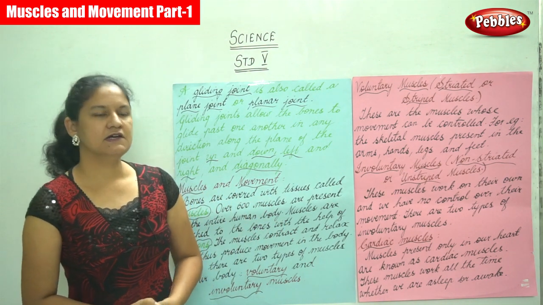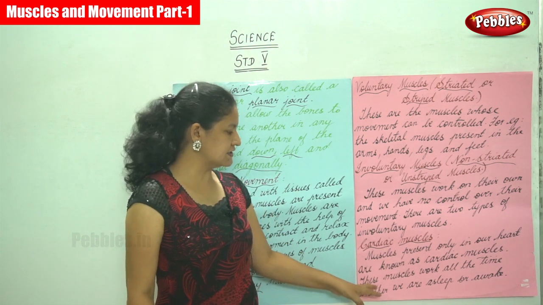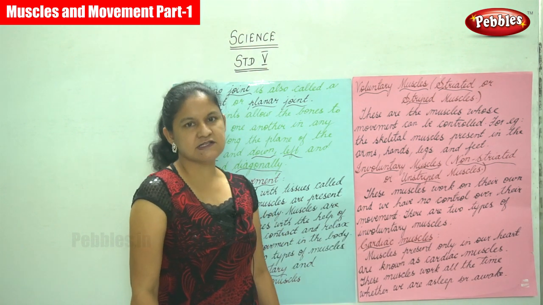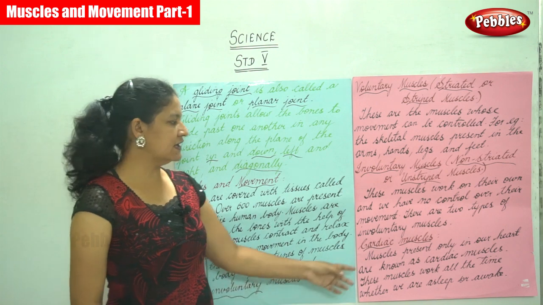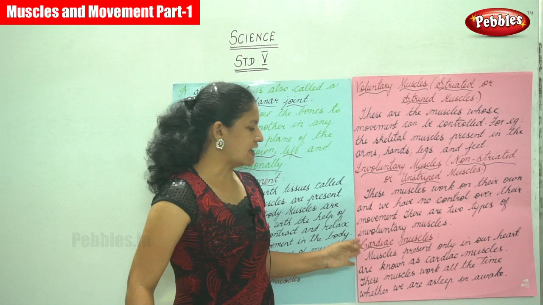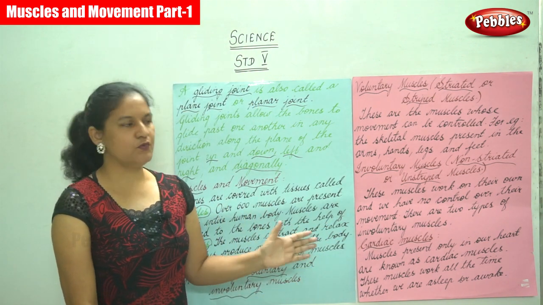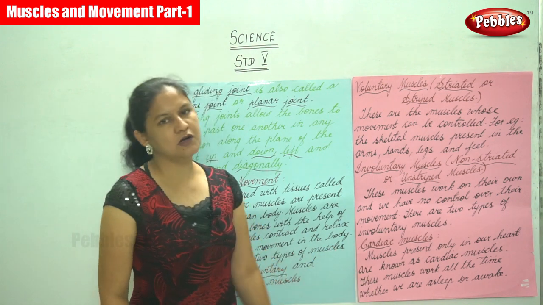So this is the first type of involuntary muscle, your cardiac muscles.